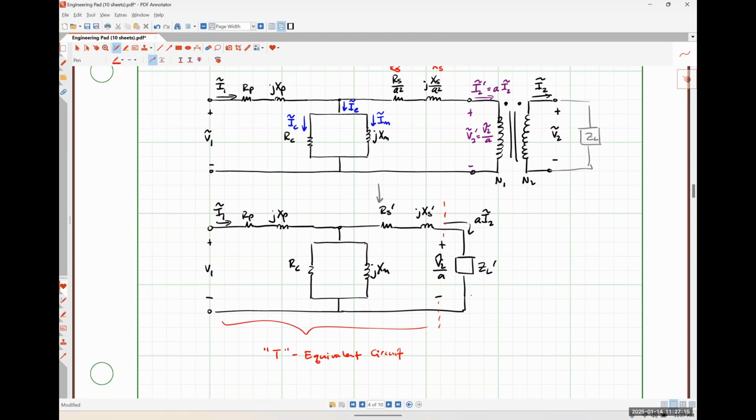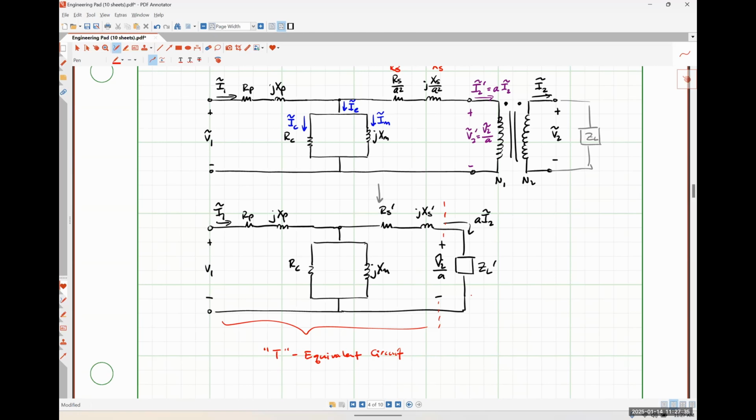So in transformers where we have effectively a constant steady state sinusoidal voltage and we're operating at a fixed frequency. So this would be effectively every transformer in a power transmission or distribution system.